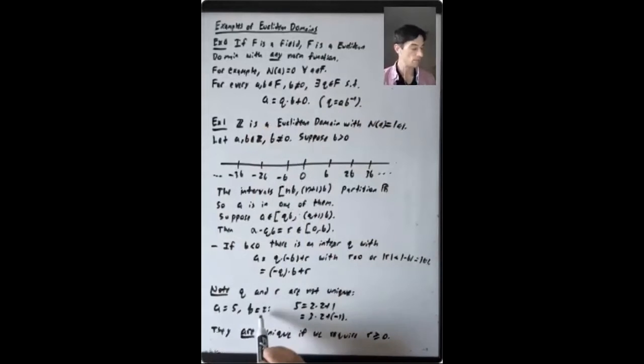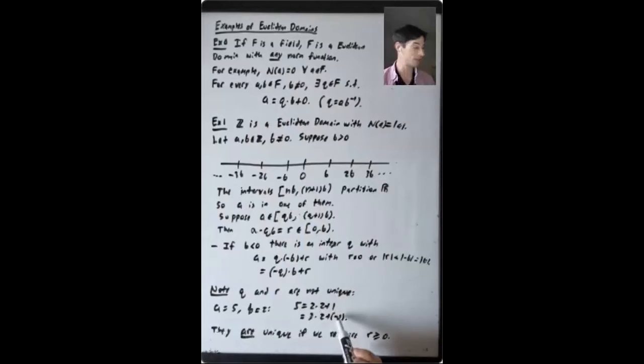If you let A equal 5 and B equal 2, applying the division algorithm, 5 is equal to 2 times 2 plus 1. 1 is some integer, and the norm of 1 is less than the norm of 2. The absolute value of 1 is less than the absolute value of 2. So this is the kind of representation that the division algorithm is promising us. But you could also say that 5 is equal to 3 times 2 plus negative 1.